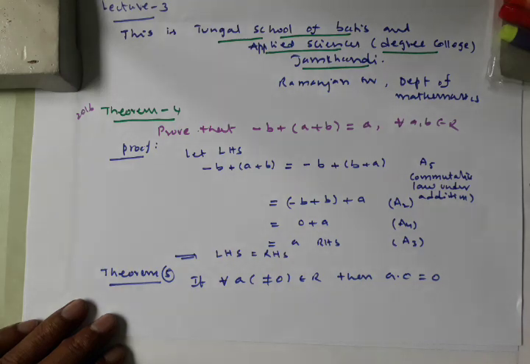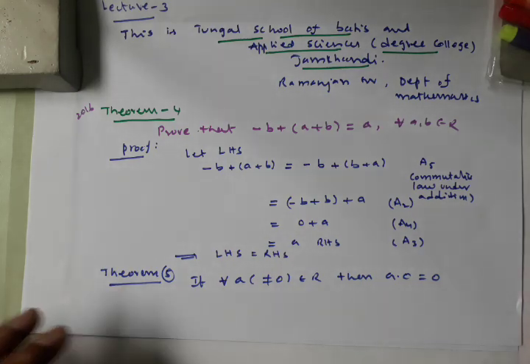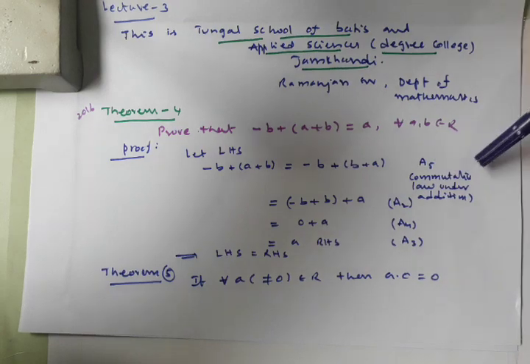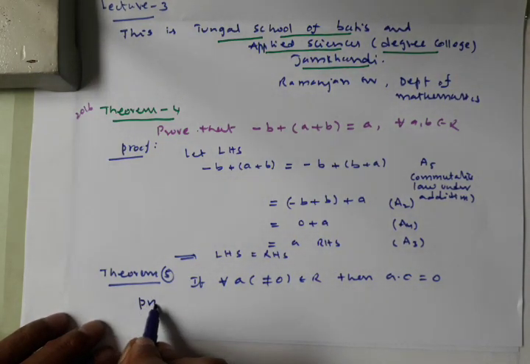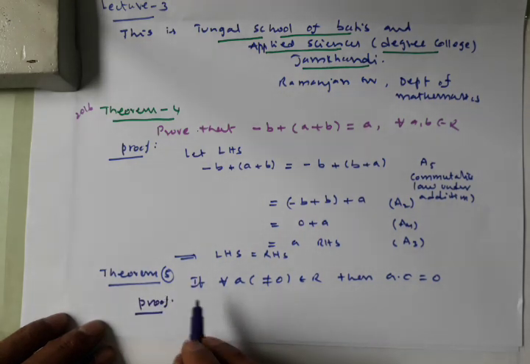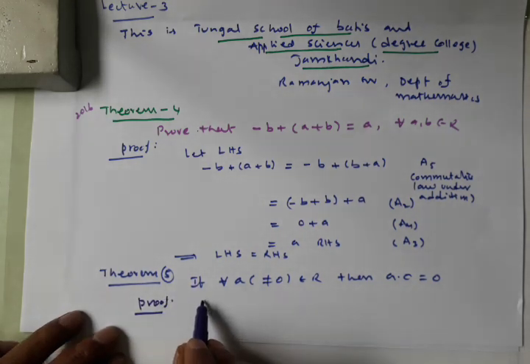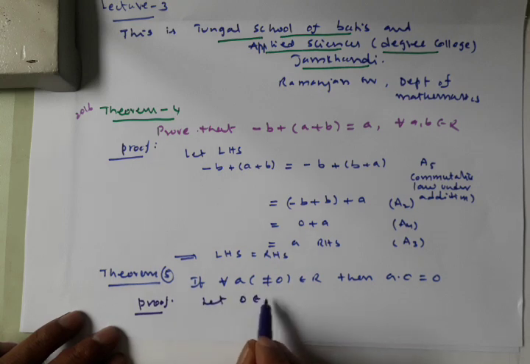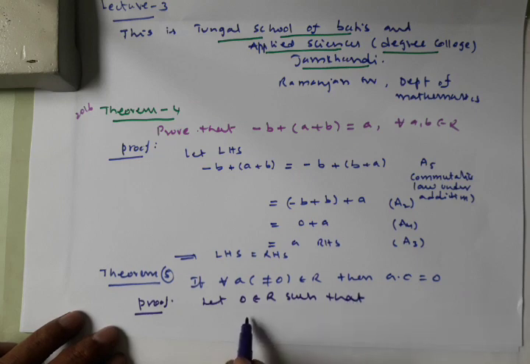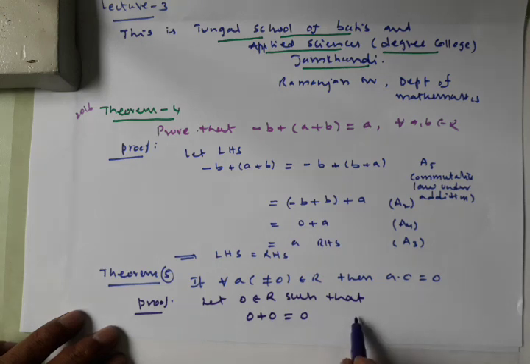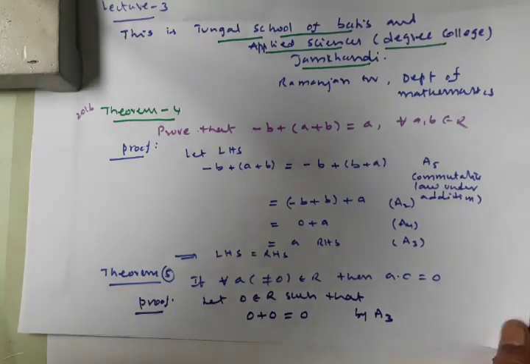Now we are proving a into 0 is equal to 0. So proof. Let 0 belongs to R such that 0 plus 0 is equal to 0 by A3.